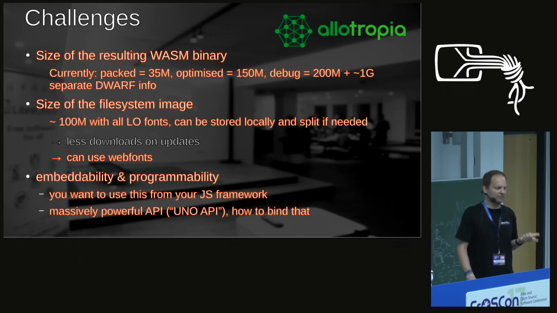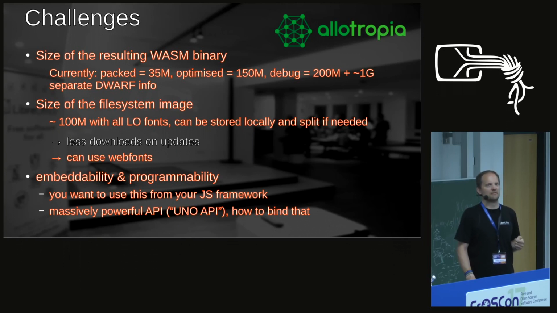Because the way LibreOffice does that on the desktop, or also for Collabora Online, or in general also for the mobile, like the Android version, also kind of uses this very powerful, also very complex programmability interface from LibreOffice.